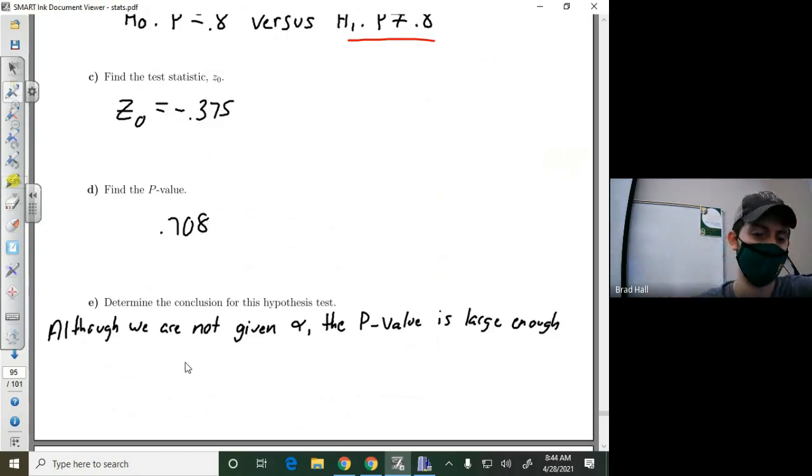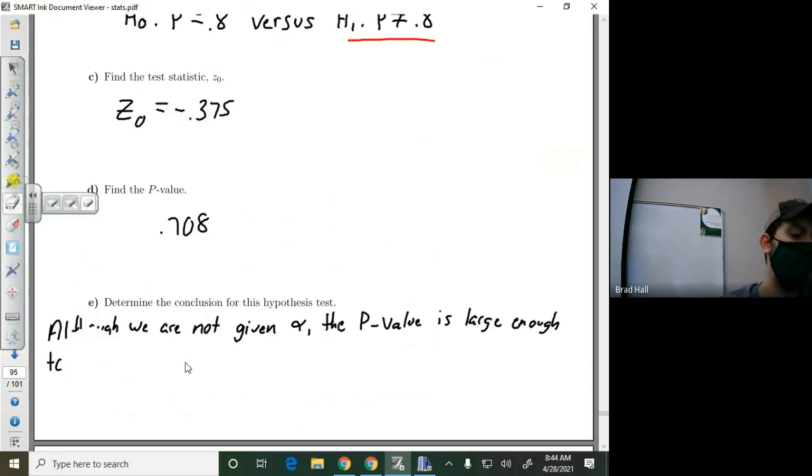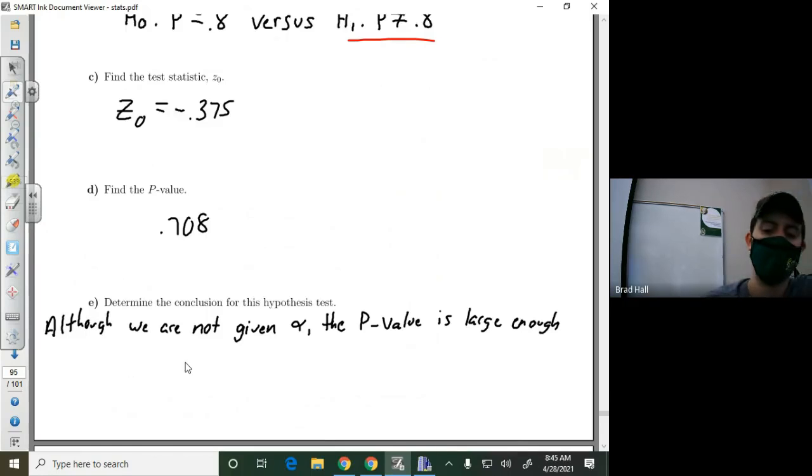By large enough, really anything greater than 0.1 would be definitely large enough. I can't remember exactly the terminology they use. Ultimately, I want to say that we do not reject the null hypothesis because the p-value is large enough to where it would be larger than any practical choice of alpha.